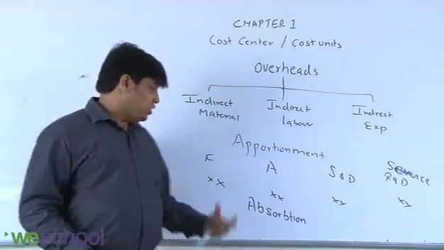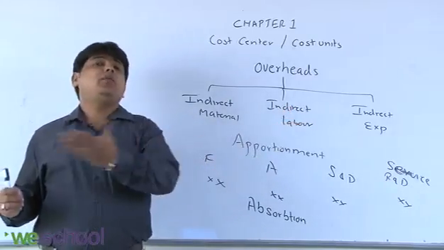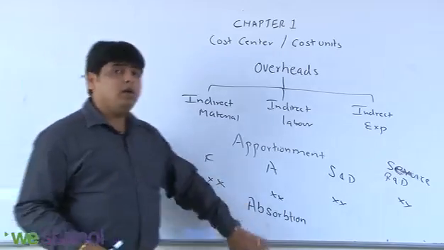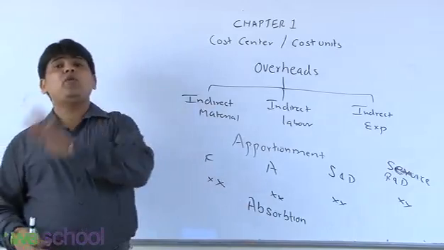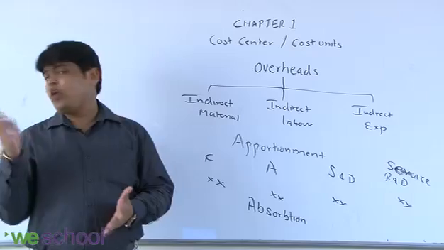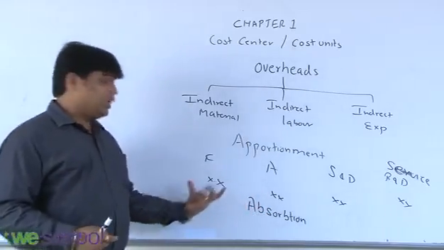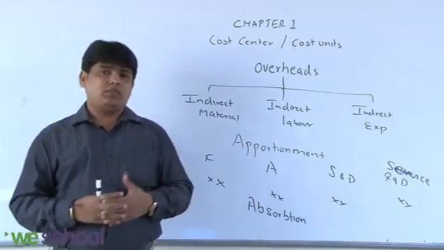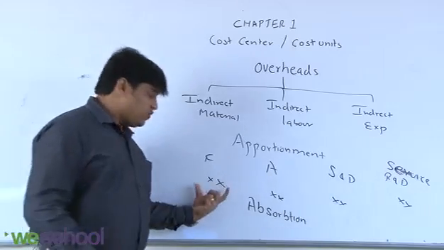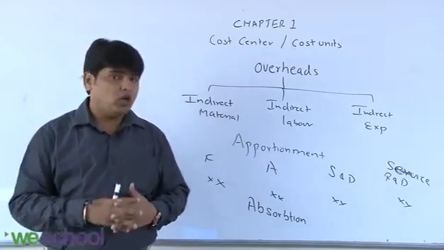So I can distribute this expense on the basis of wages paid to the various products. The factory overhead can be apportioned and absorbed on the various products on the basis of the ratio of wages paid for each different product. This is one method. I can also distribute this factory expense on the basis of prime cost, meaning the total of direct material and wages, which gives you prime cost, in the ratio of prime cost of all the products.